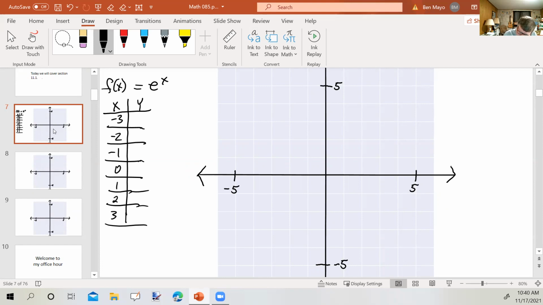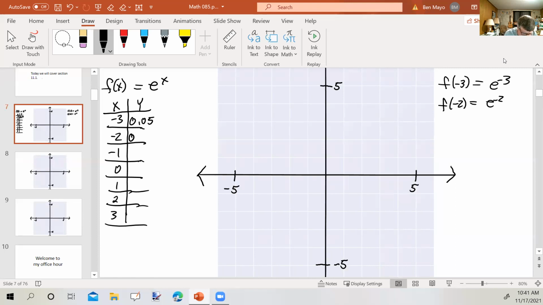So f of -3 would be e to the -3 power. So on my calculator, second ln e to the -3, close it up, and I get 0.049, we'll call it 0.05, okay? f of -2, e to the -2 power is 0.135.